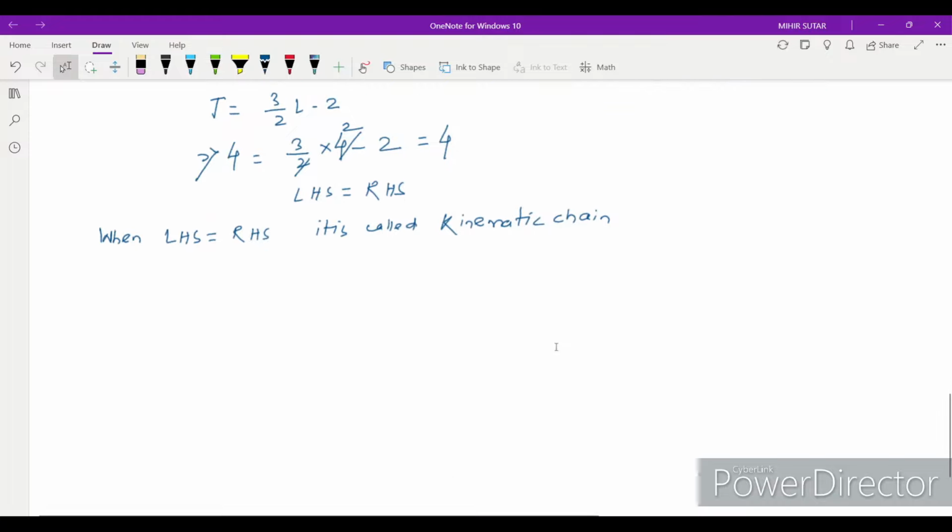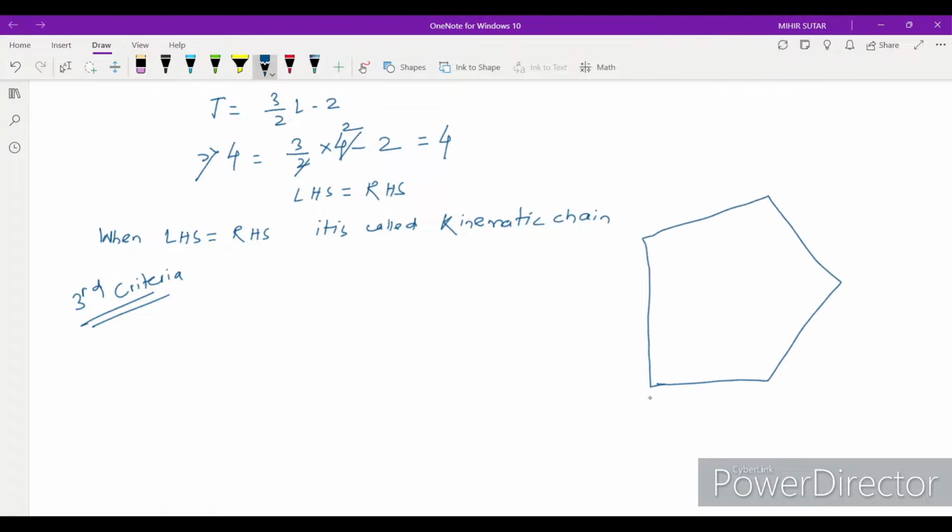Now the third criterion. Let's say now we have 5 links, 1, 2, 3, 4 and 5. Joints are A, B, C, D and E. Links are L1, L2, L3, L4 and L5.